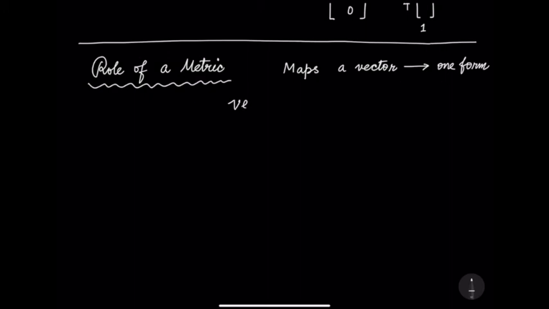Remember, let me again remind you, a vector is like A, which has components A alpha written in the basis of E. A one form is a device, it's not a vector, it's a device where if you supply a vector, it gives you a scalar.